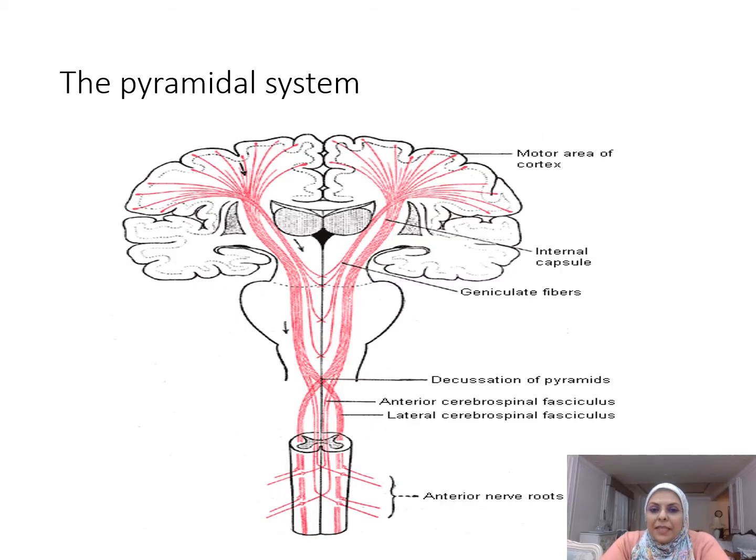So if I have a right-sided interruption of the pyramidal tract, I will develop left-sided hemiplegia. At the level of the spinal cord, usually if the lesion is on the right side, the patient will develop ipsilateral hemiplegia, not contralateral hemiplegia, and we will explain this at the end of the lecture, inshallah.